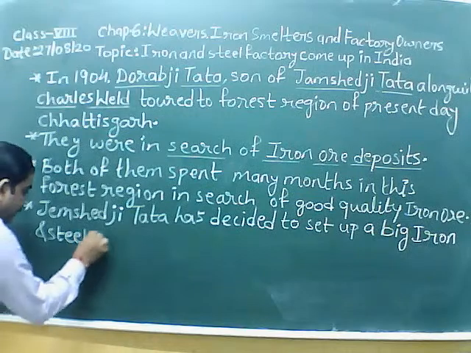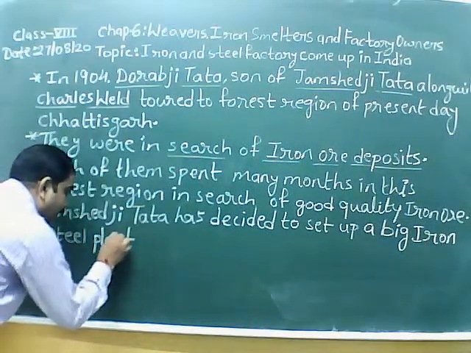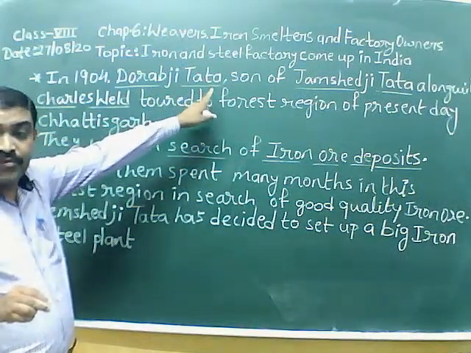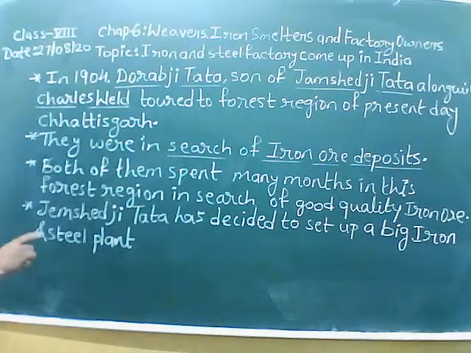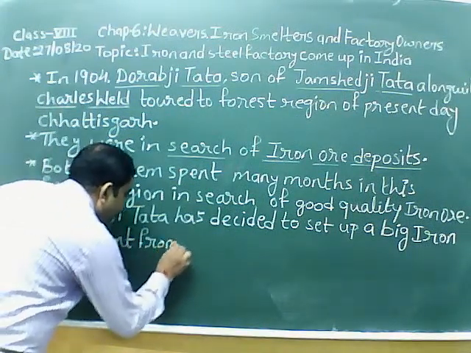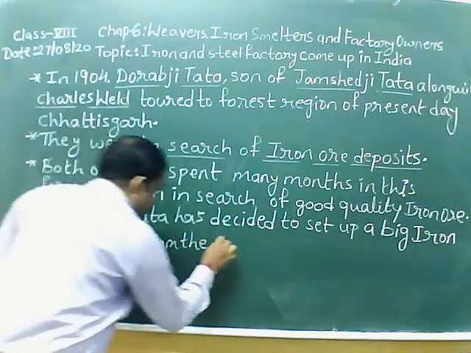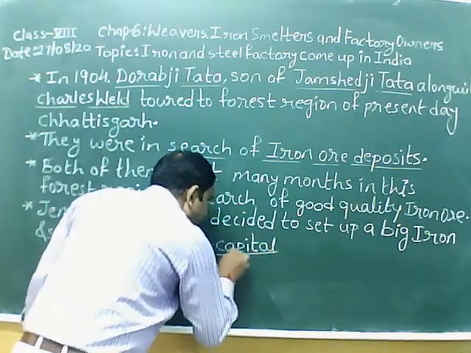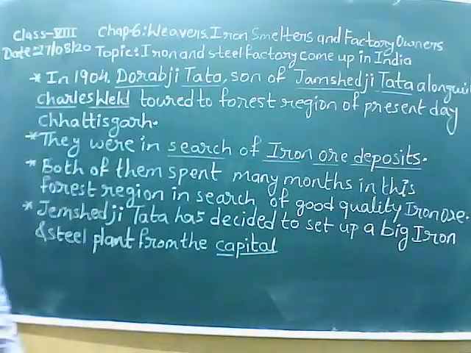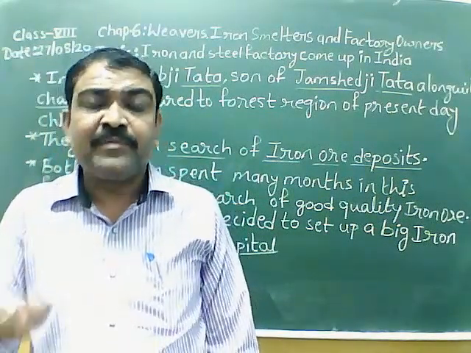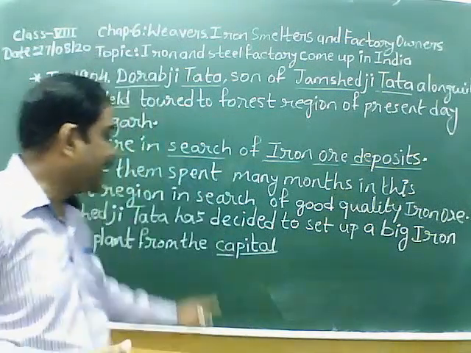Why were they touring? Because the father of Dorabji Tata, Jamshedji Tata, has decided to set up a big iron and steel plant from the capital. What is the meaning of capital, beta? Capital is money saved with the people. जो पैसा हमारे पास में बचा हुआ है बैंक अकाउंट में, वो जो हमारे पास पैसा है, that is called the capital.